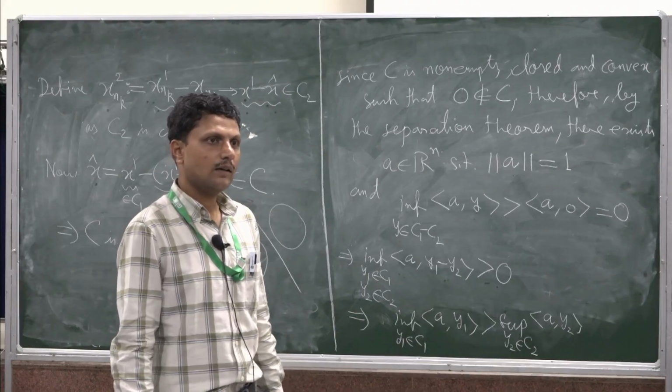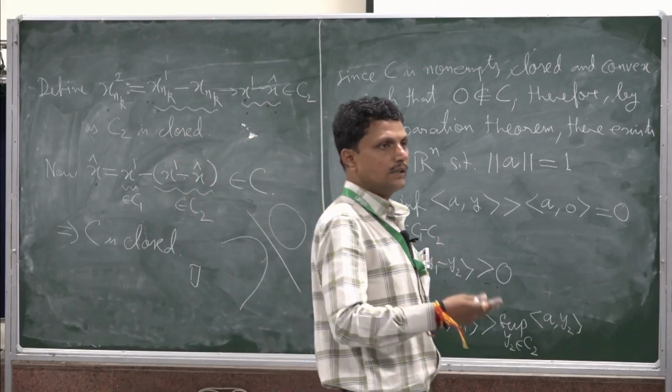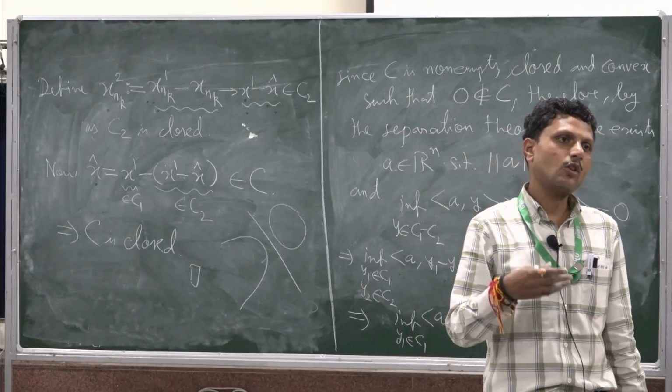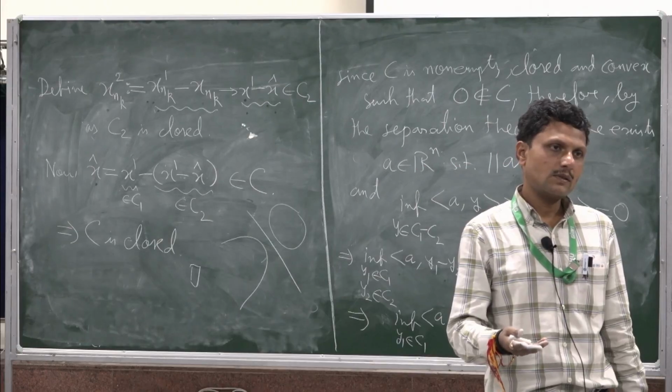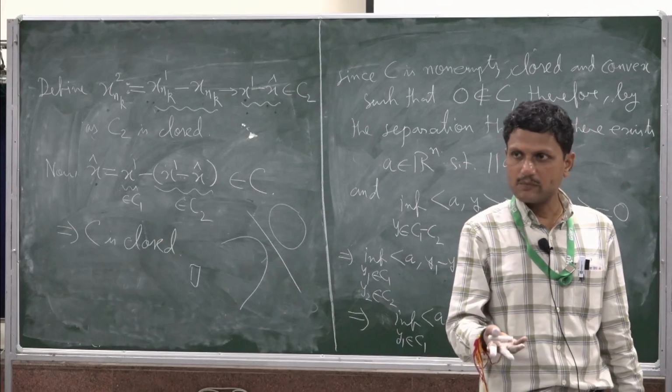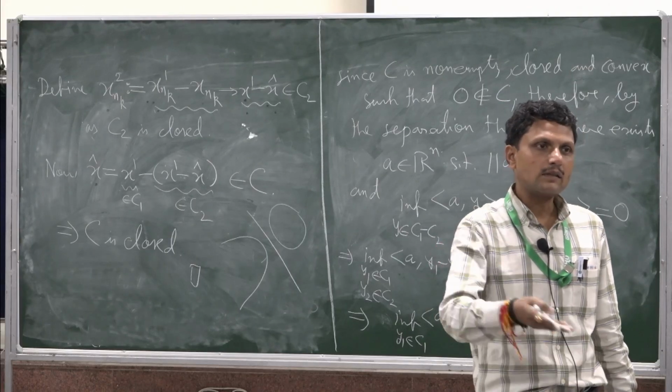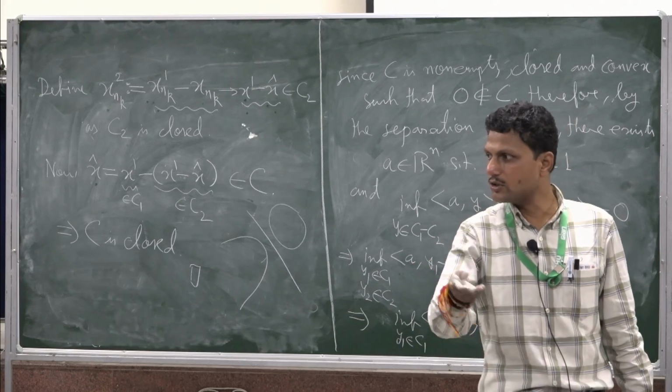So this will be the exercise. You try to find two sets which are convex and unbounded, and then try to find out whether you can separate those two sets or not.